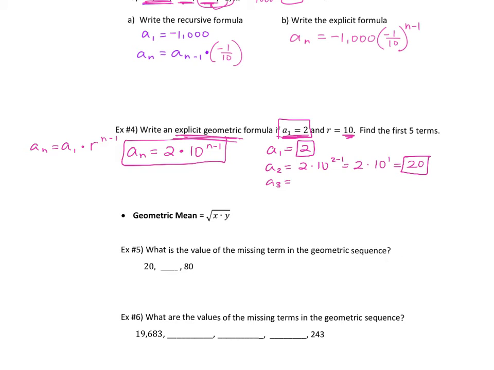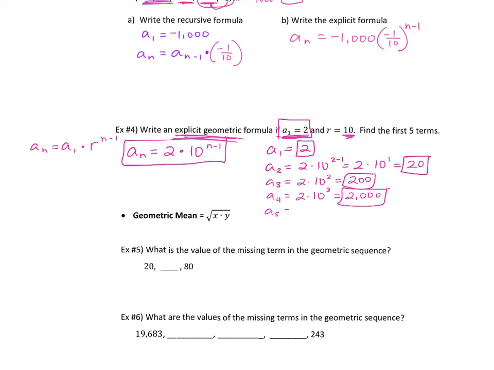A sub 3 is going to be 2 times 10 to the 3 minus 1, or the second power, which is 200. A sub 4 is going to be 2 times 10 to the 4 minus 1, so the third power, 2000.